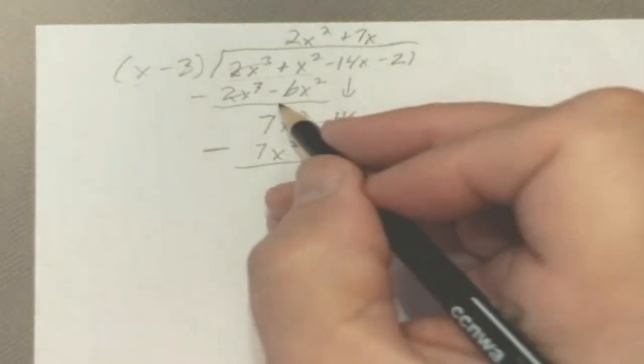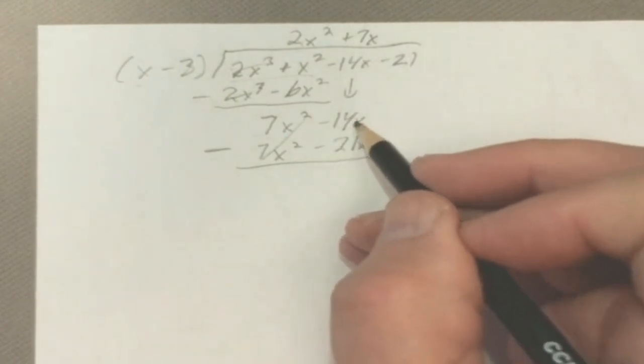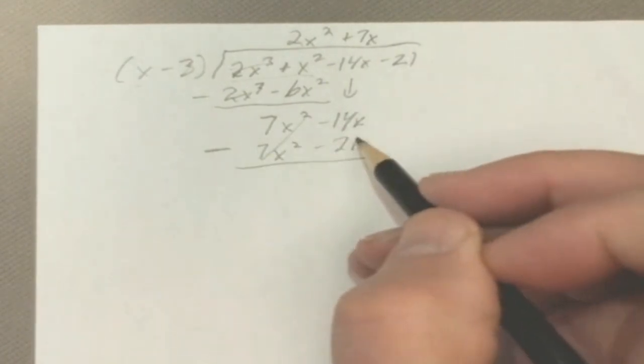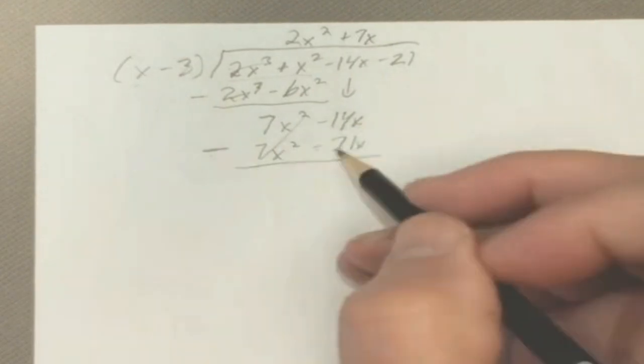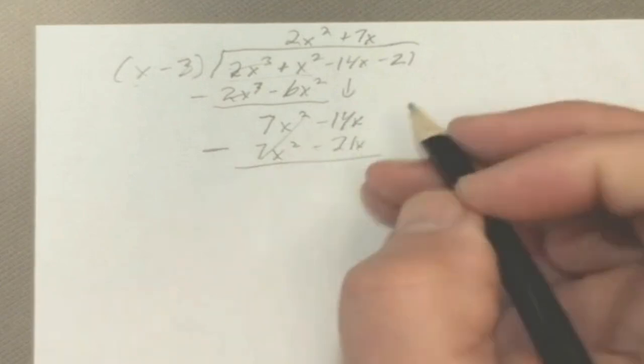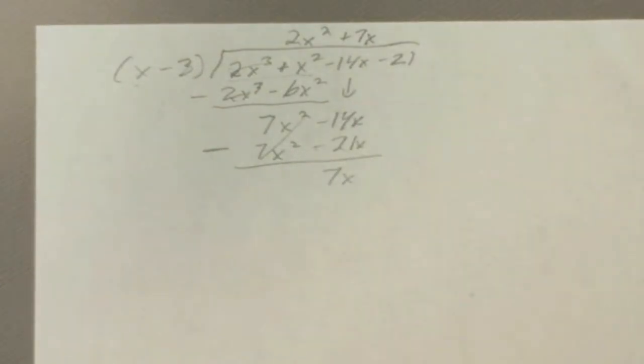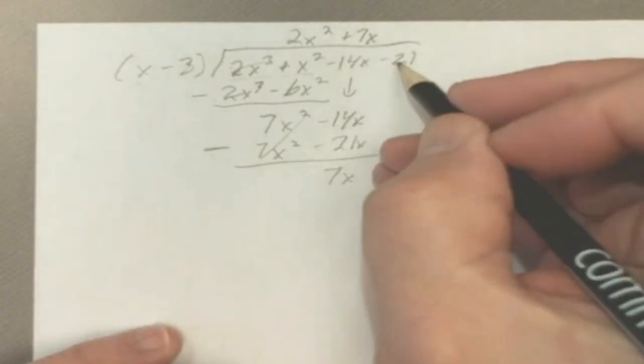Subtract. 7x squared minus 7x squared cancels out. Negative 14x minus negative 21x. Minus, so we're adding to that, right? Negative 14 plus 21x is 7x. Now let's bring this down.